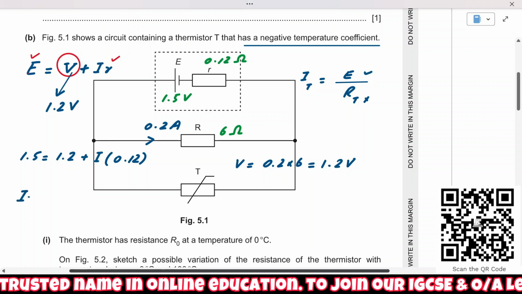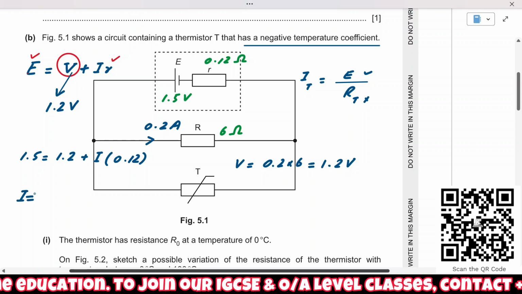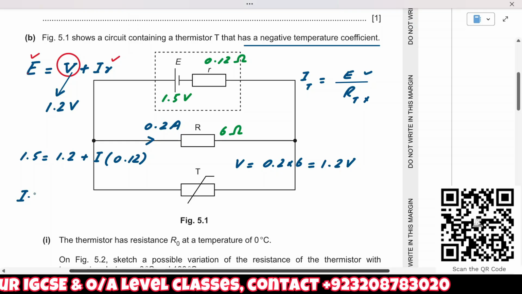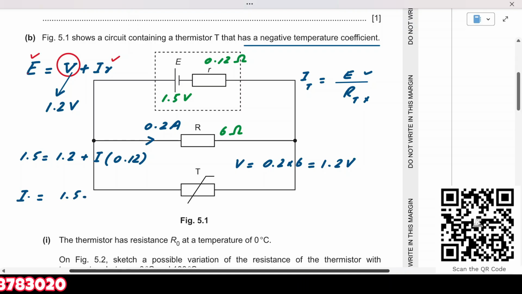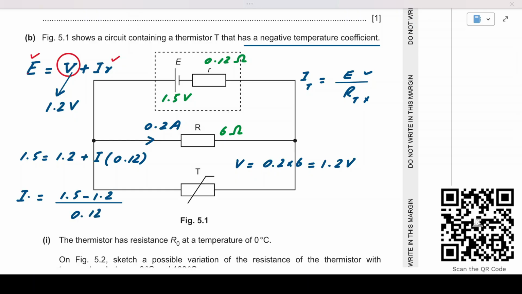Then I equals 1.5 minus 1.2 divided by 0.12. And let's do it on the calculator.